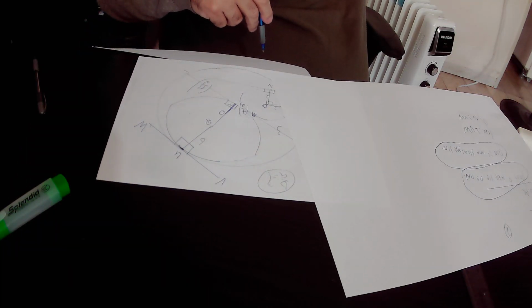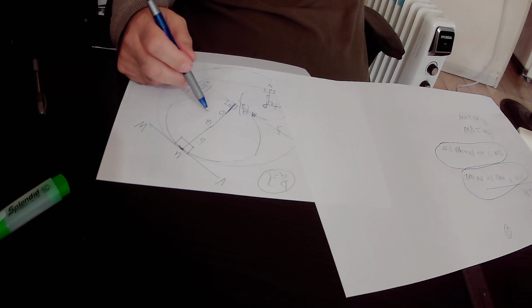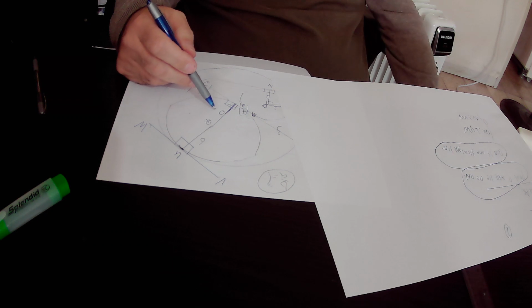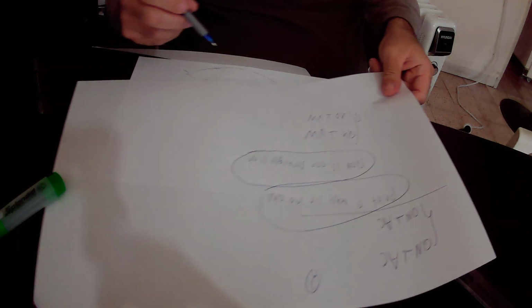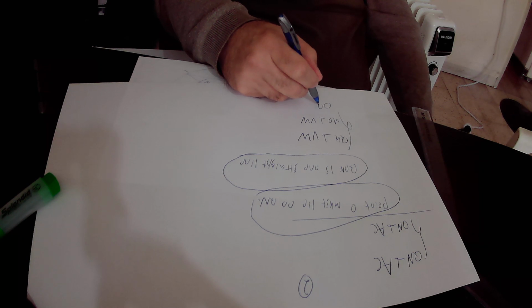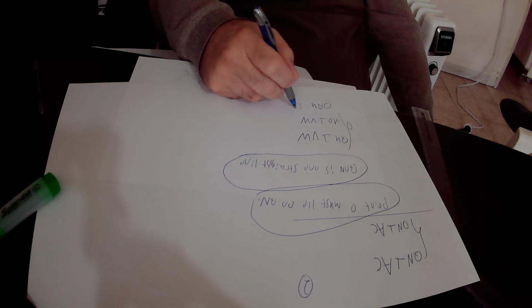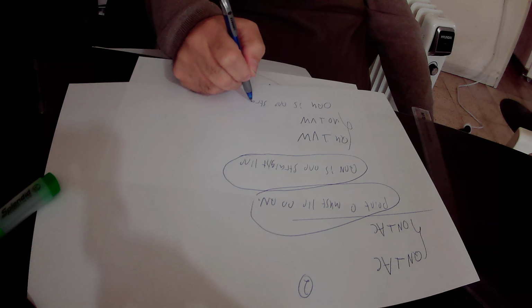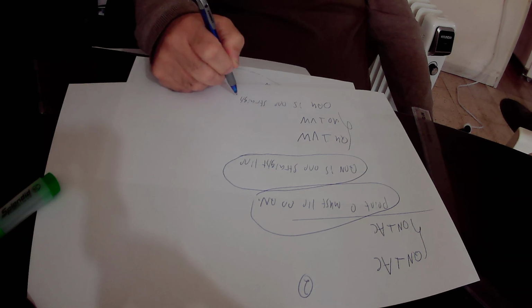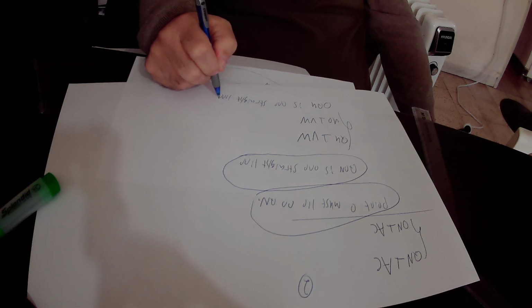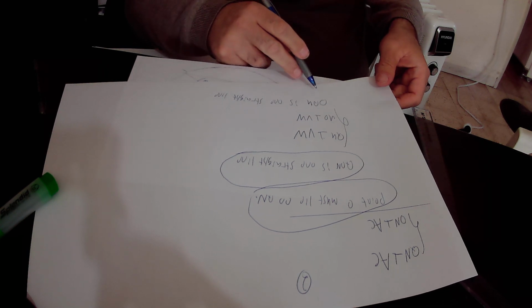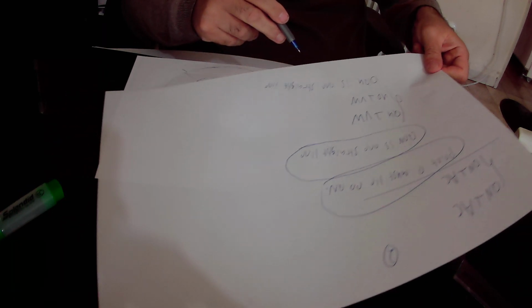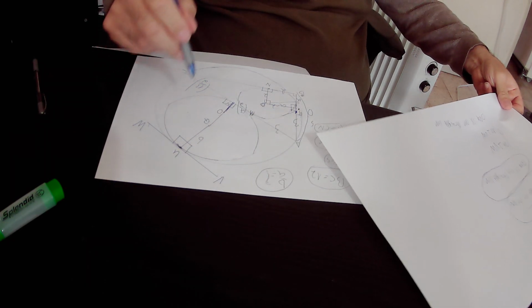Therefore, we can derive from it that OQU is one straight line. All three points O, Q and U are located on the same straight line.